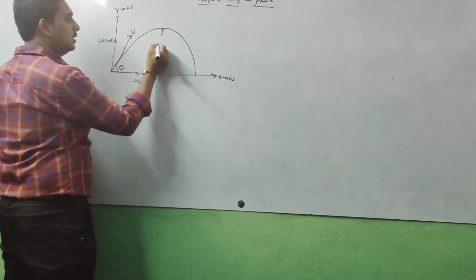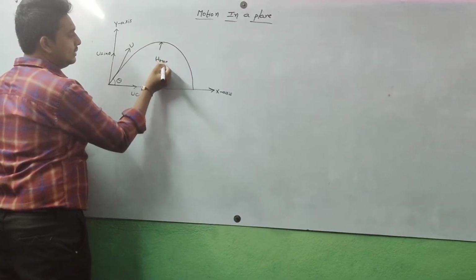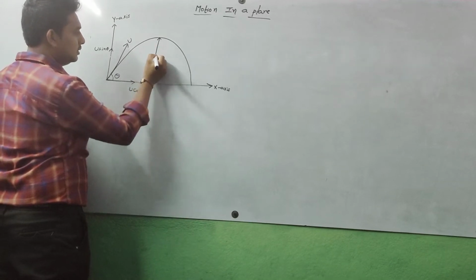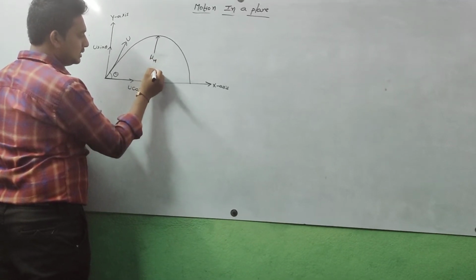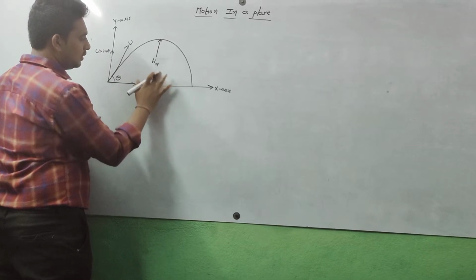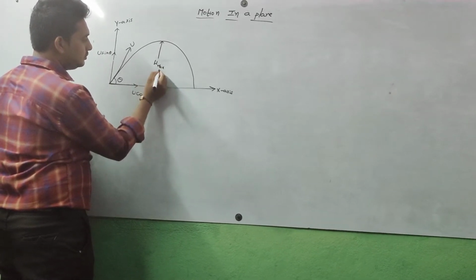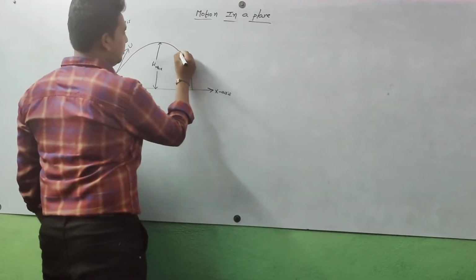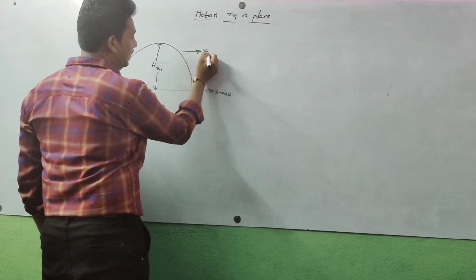This is nothing but maximum height h max. Okay, so this is h max. After some time, final velocity we already calculated.